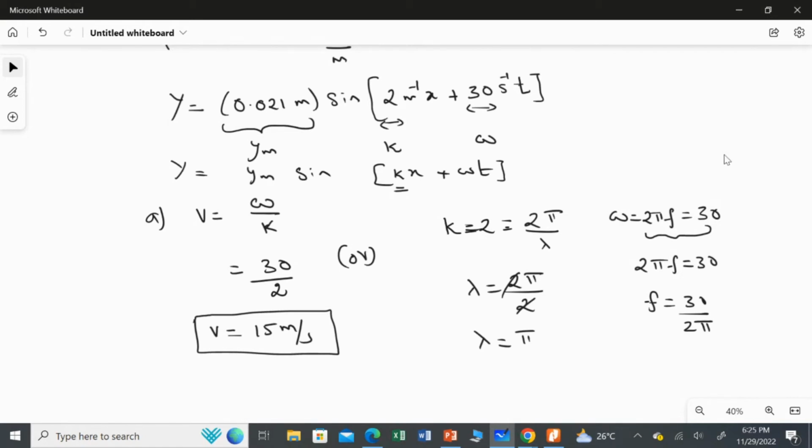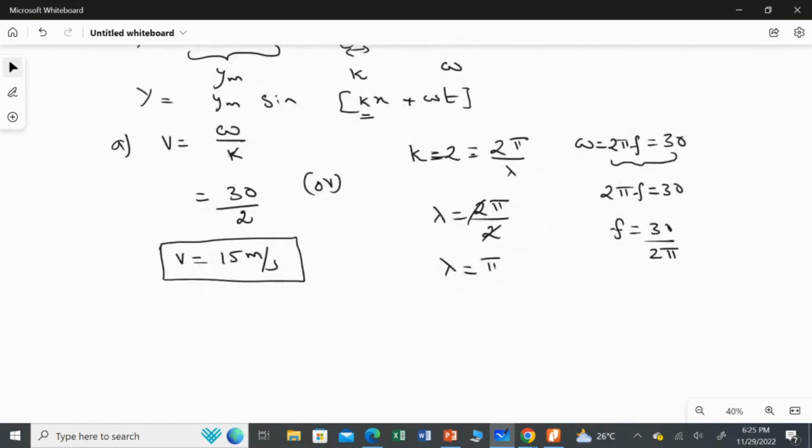Now I am going to use the general formula for finding the speed. Speed = frequency multiplied by lambda. So here we got the frequency as 30 over 2 pi, and lambda as pi. We can cancel pi with pi. If you cancel this 30 with 2, you will get 15. So the answer will be the same, 15 meter per second.